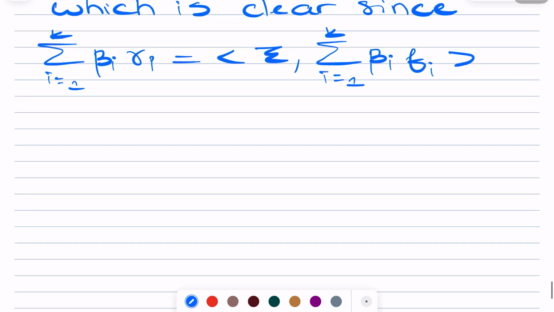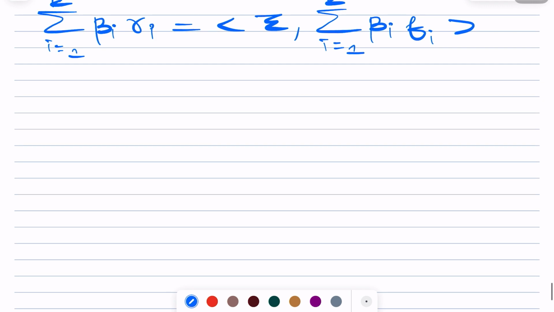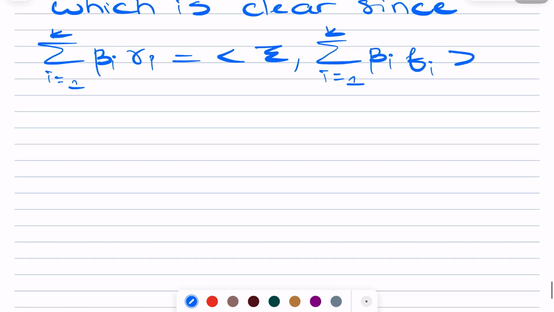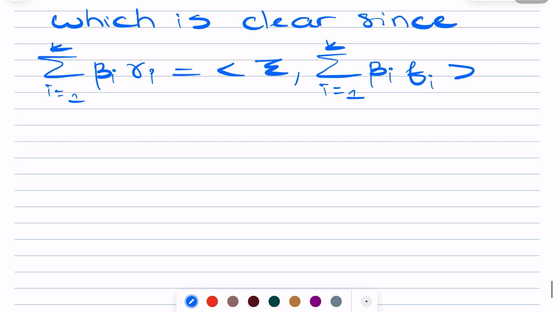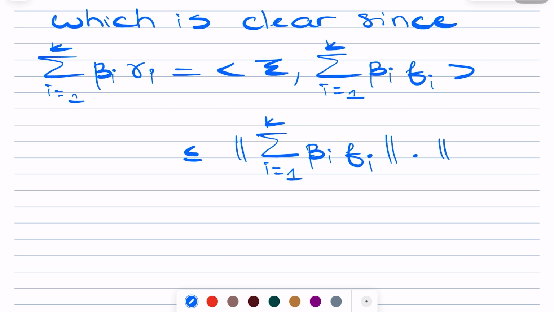Because xi is continuous, and also in the closed unit ball in B star star, this is less or equal than the norm of the summation of beta i fi times the norm of xi.